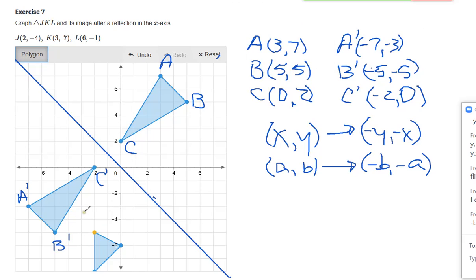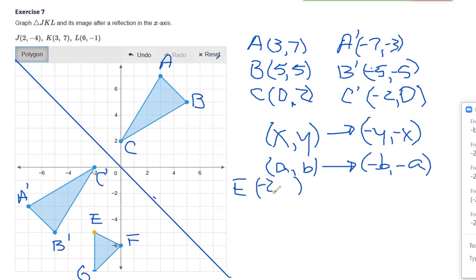Let's call this E, F, G. Okay, so what are the coordinates of E, everybody? Coordinates of E right here, this guy right here. I see a -2, -3, that would get us to here. Yeah, -2, -5, that's right.